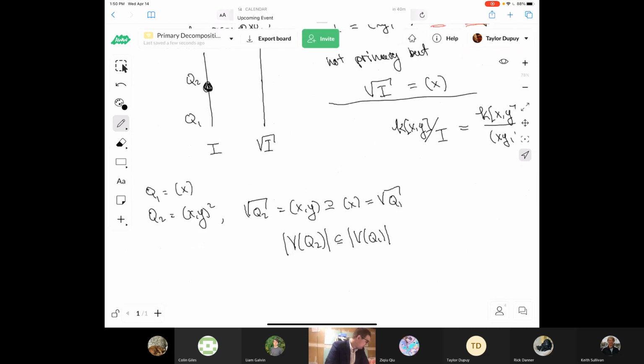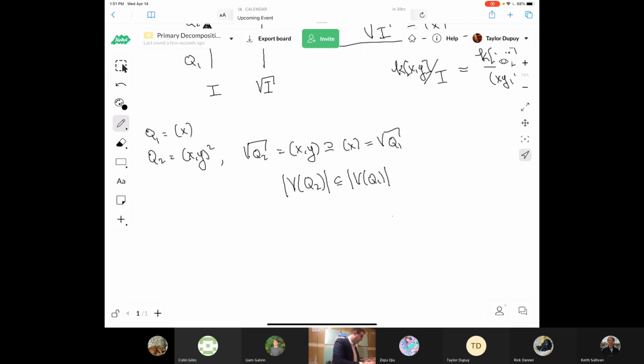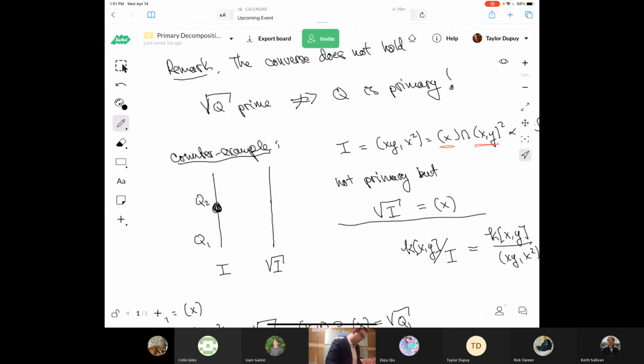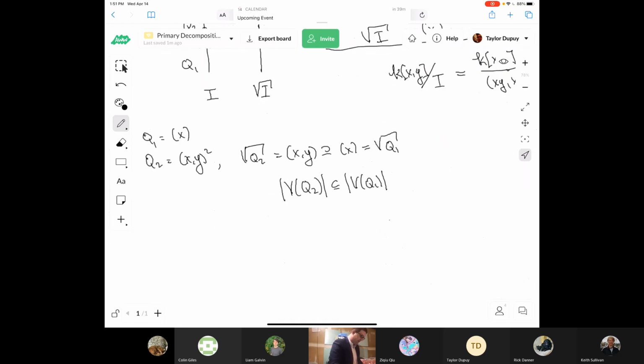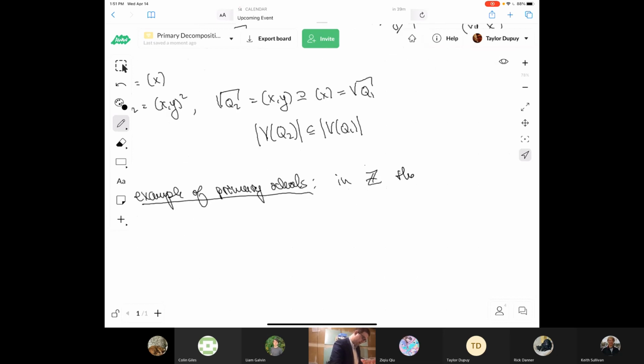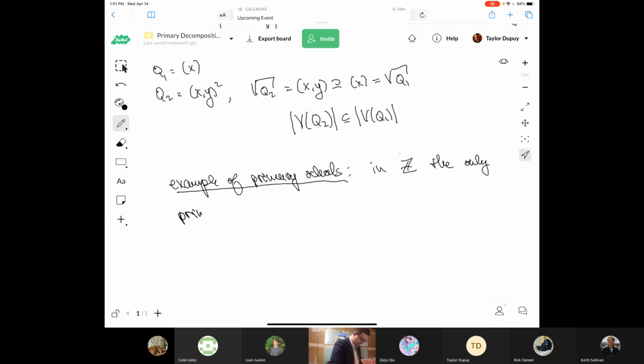Okay, so the other thing I wanted to say is, let's give an example of primary ideals. So in Z, the only primary ideals are the things that look like (p^n) for p prime.